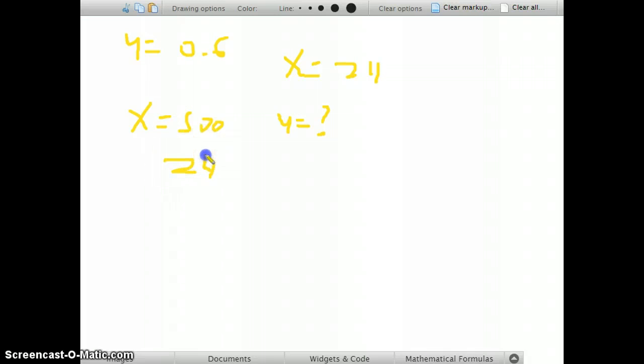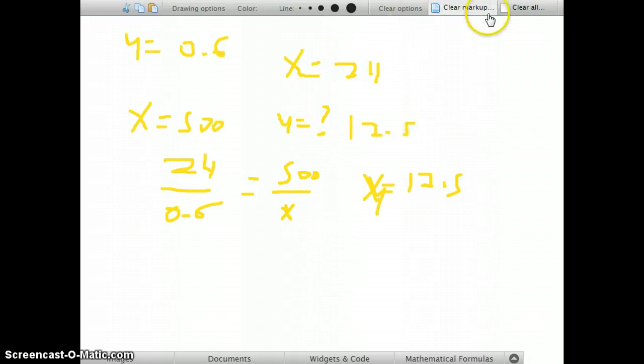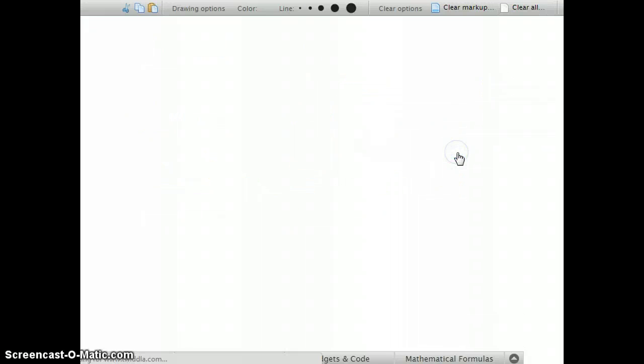In other words, 24 over 0.6 is equal to 500 over y. And then we get 12.5. I should have used y here, but it doesn't really matter, so I'll say y equals 12.5. So that's another way to solve. That's if they ever give you a table or so.